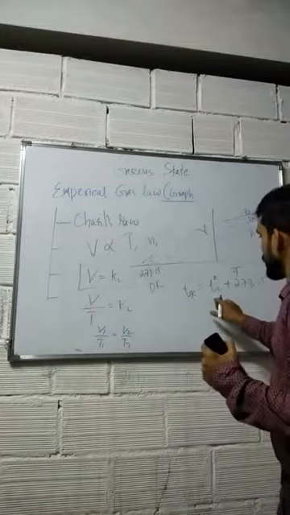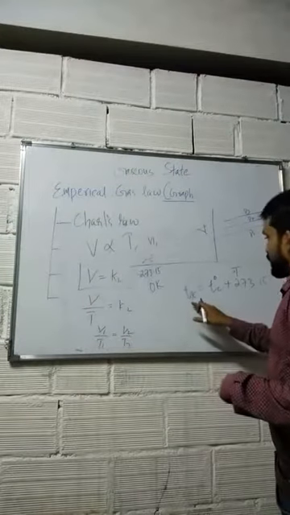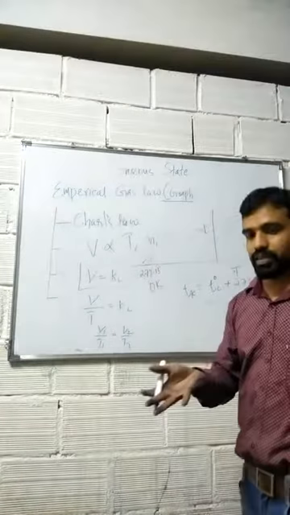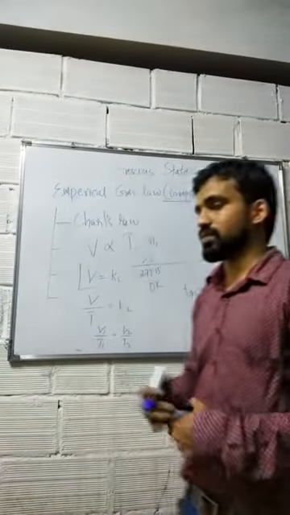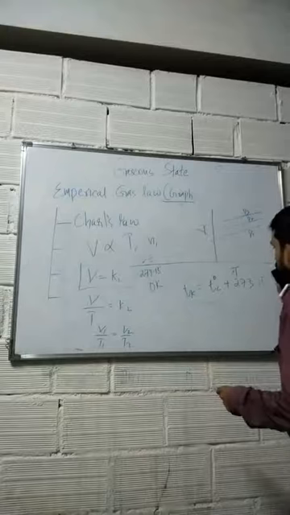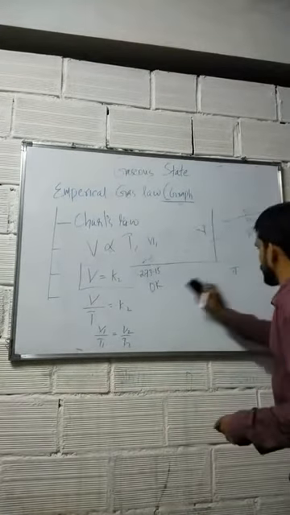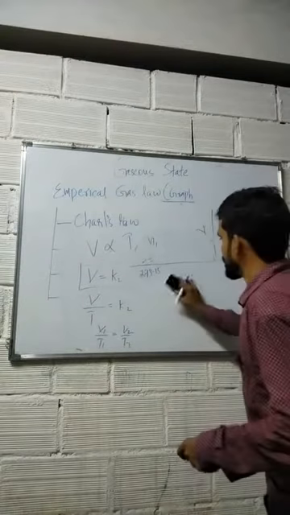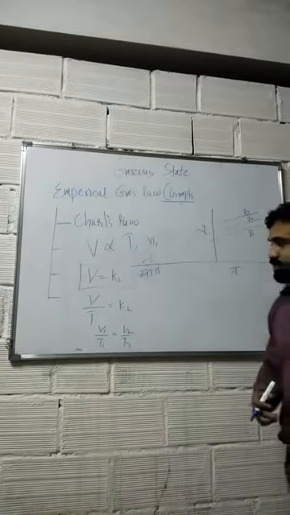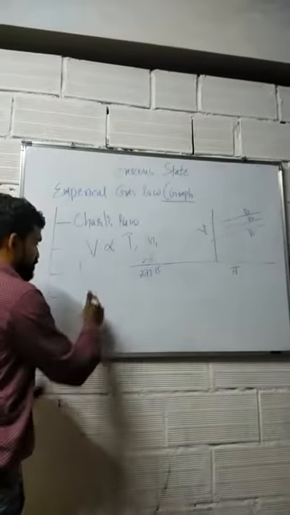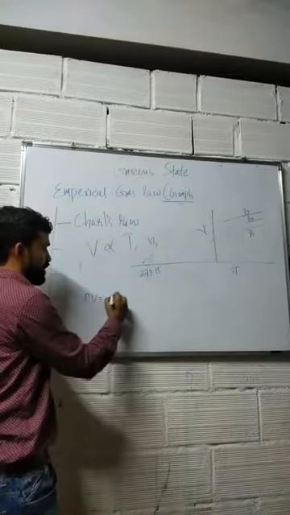So you can easily calculate if you are given degrees centigrade to Kelvin, and Kelvin temperature to degrees centigrade. So let us discuss this graph. Again, take PV equal to nRT.